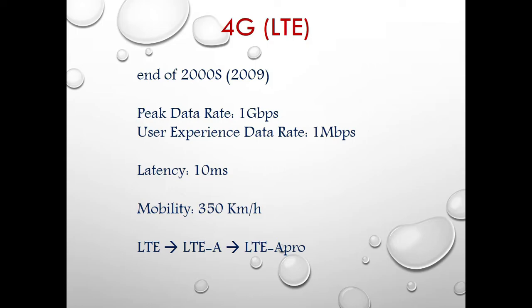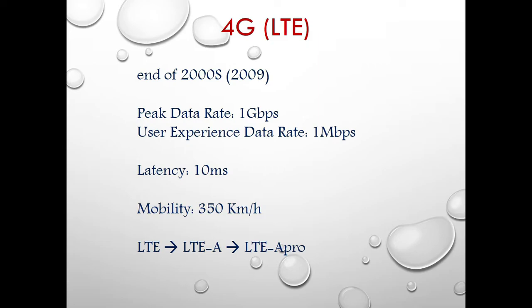A peak data rate is a data rate that can be achieved in ideal situations. After peak data rate, we have user experience data rate. It is a data rate that people can experience in their daily lives. It was 1 megabit per second, which was a high number for a mobile generation at that time.